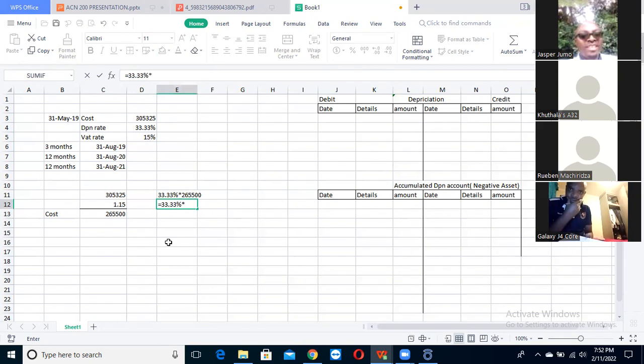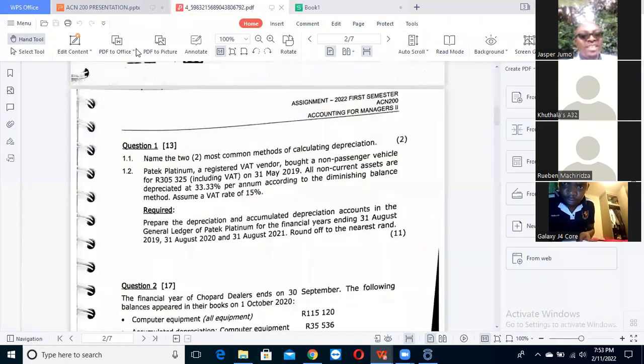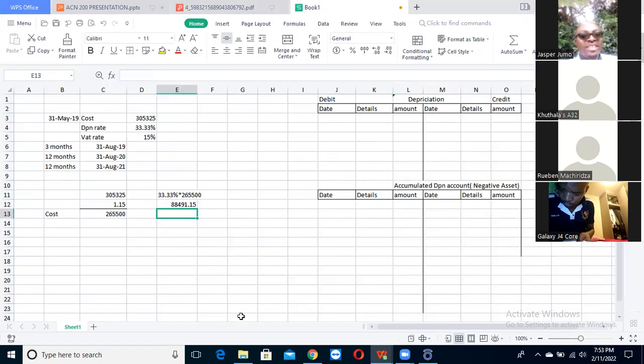So we say 33.33% multiplied by 265,500. We will find that we've got 88,491. And we were told by the question to round off to the nearest rand. So it means we are not going to be presenting our answers with the commas in them.